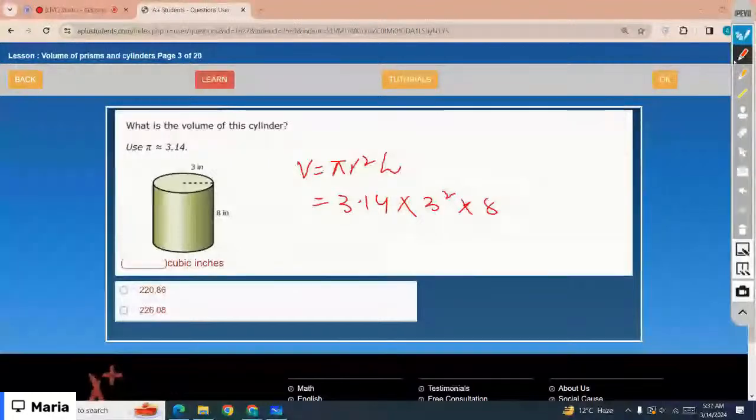Let me just do the calculations: 9 times 8 times 3.14. The correct option is 226.08. Option number 2 is the correct option.